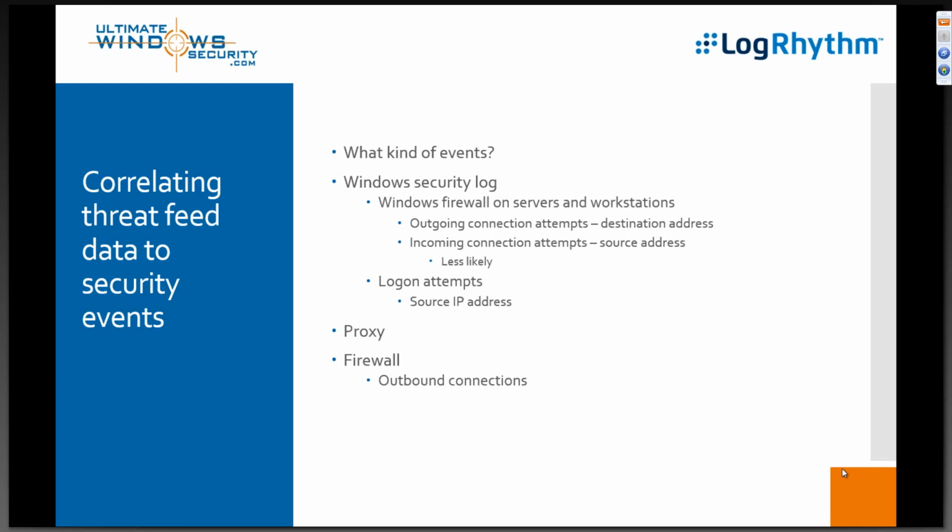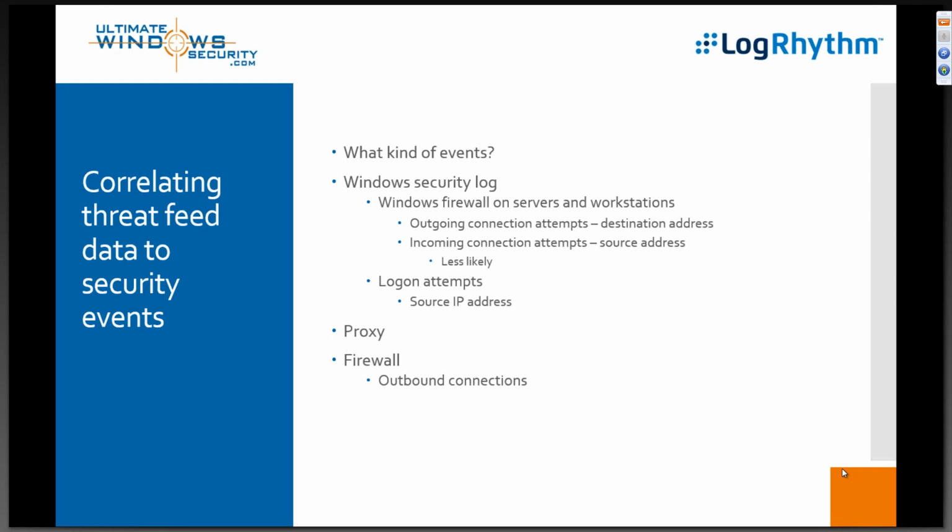Well, for one thing, if we turn on auditing of our Windows firewall on servers and workstations, we can compare threat feeds to our outgoing connection attempts, and that would specifically be the destination address in those events.